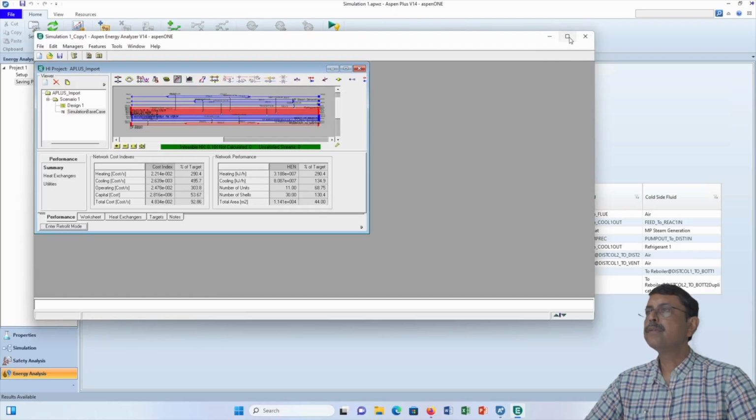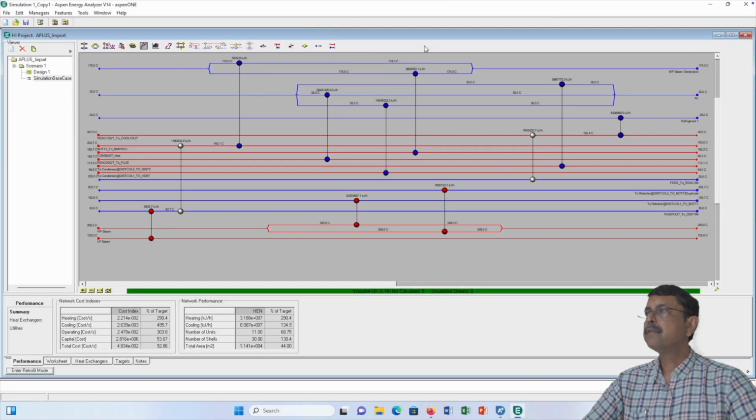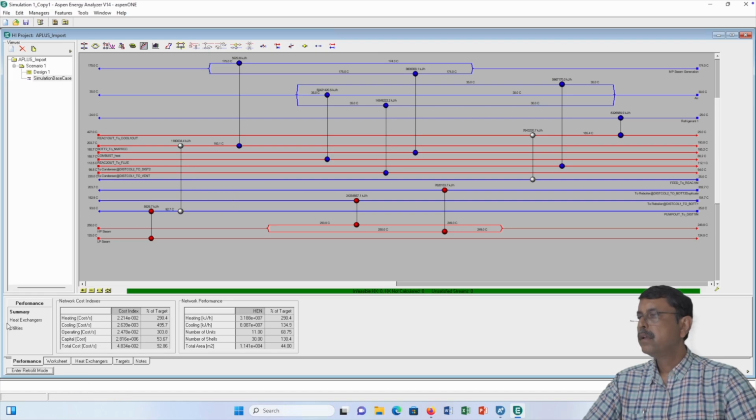So this is the Aspen Energy Analyzer. Just like you have Aspen Plus V14, you have Aspen Energy Analyzer V14, version 14. Just look at it. This is the network cost indices and this is the network performance. This is the summary.